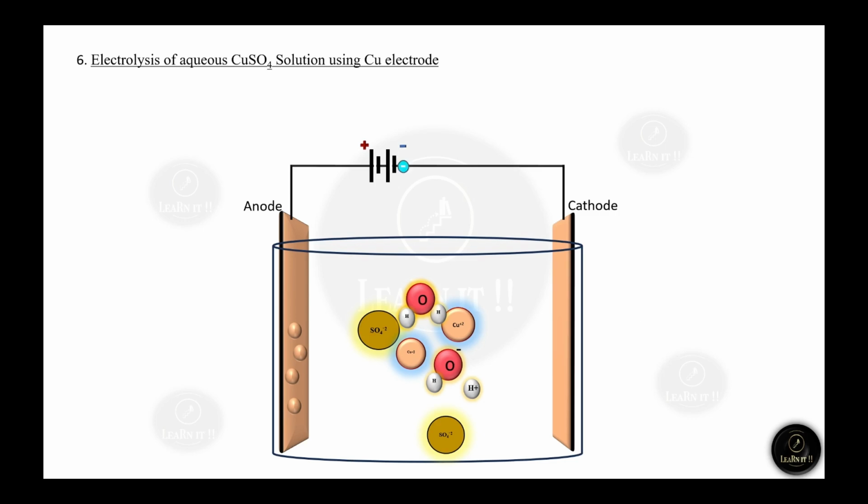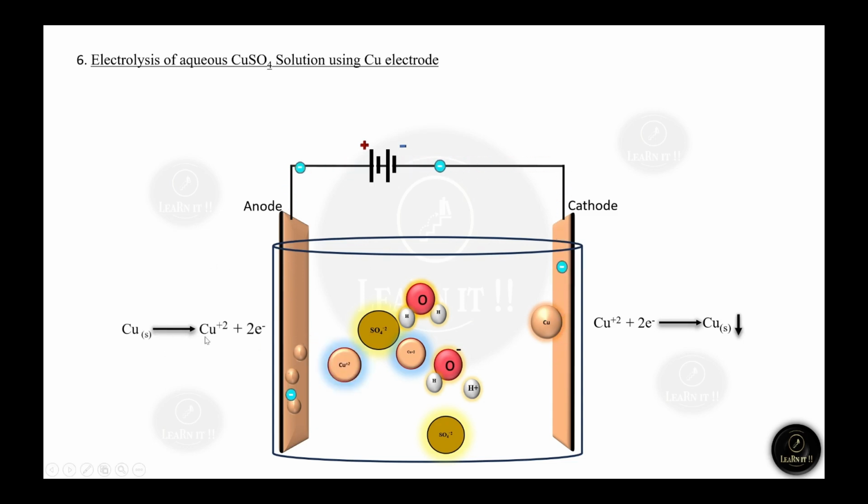At the cathode, Cu²⁺ ions get reduced into copper atoms. But at the anode, copper starts to oxidize into Cu²⁺ ions and 2 electrons.